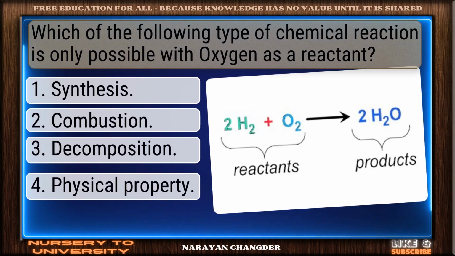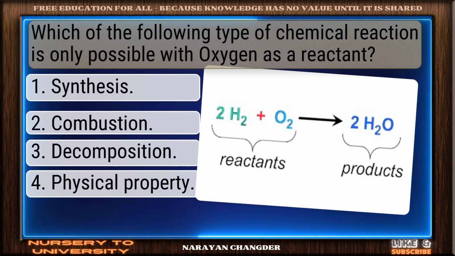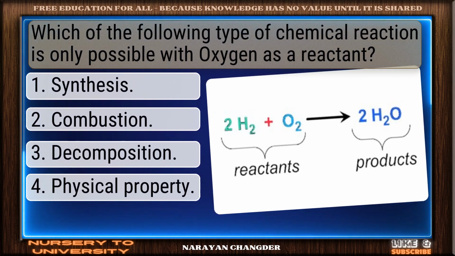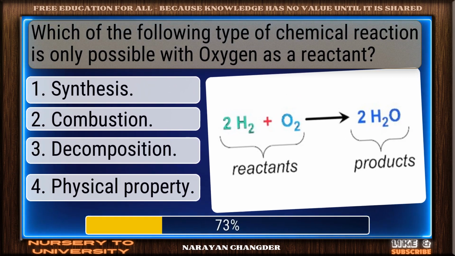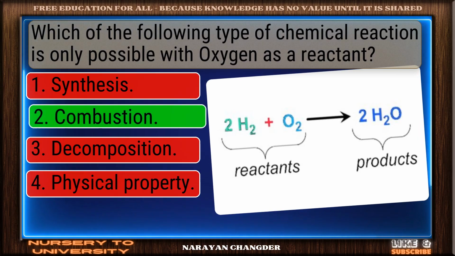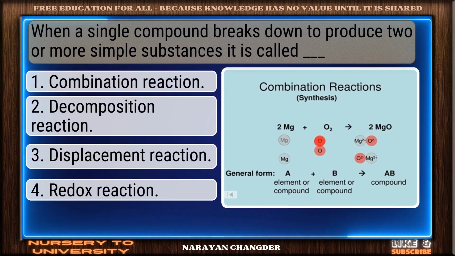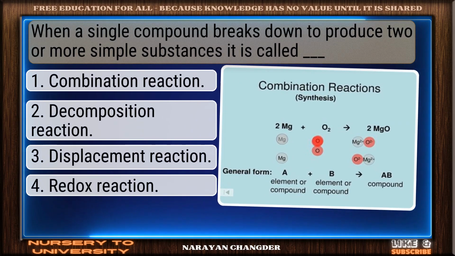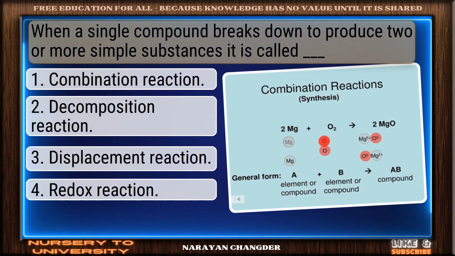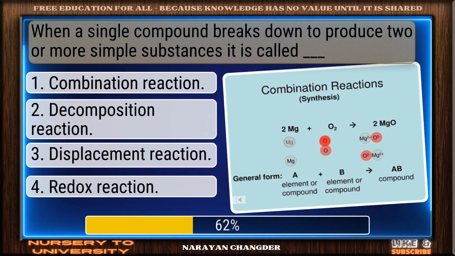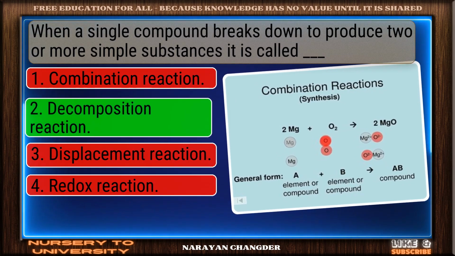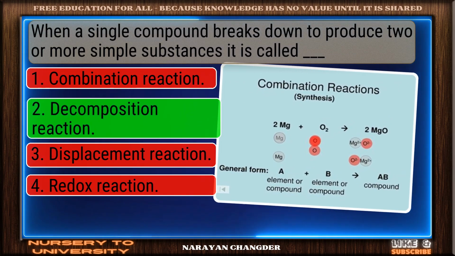Which of the following types of chemical reaction is only possible with oxygen as a reactant? Well done. Combustion is right. When a single compound breaks down to produce two or more simple substances, it is called dash. Nice selection. Decomposition reaction is correct.